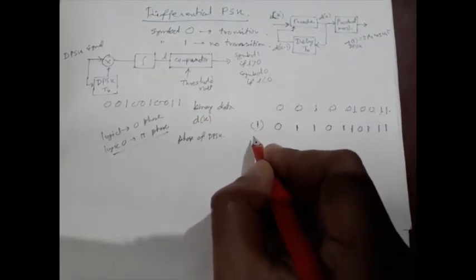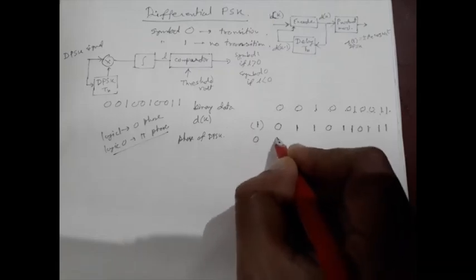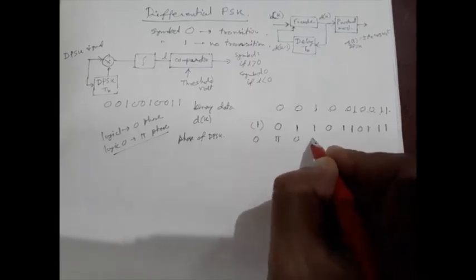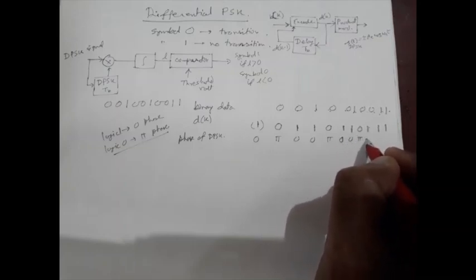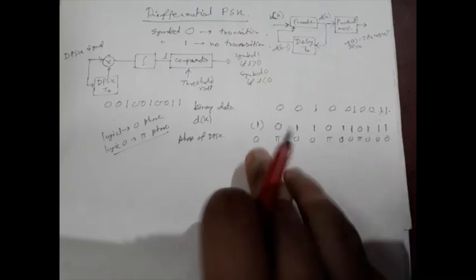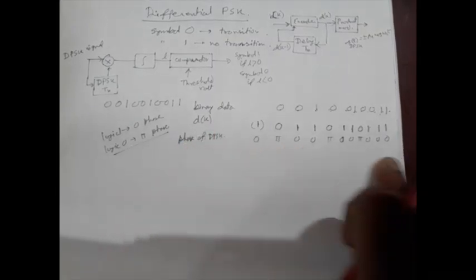So 1 will be represented by 0 phase, 0 will be represented by pi. In this way we can write the phase of DPSK.